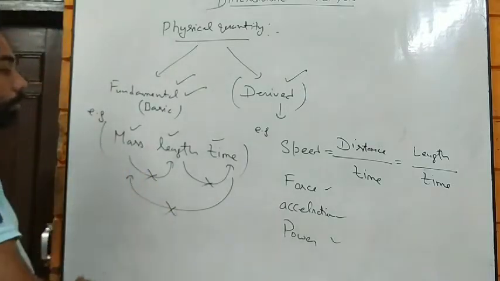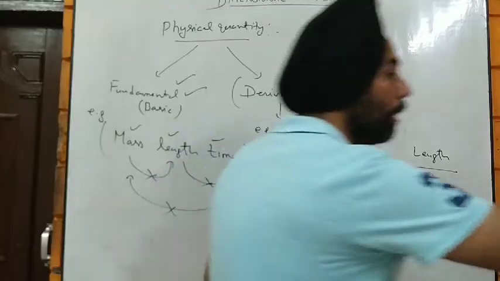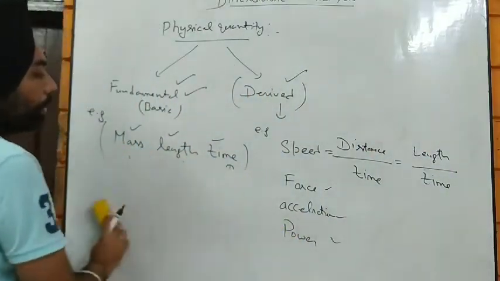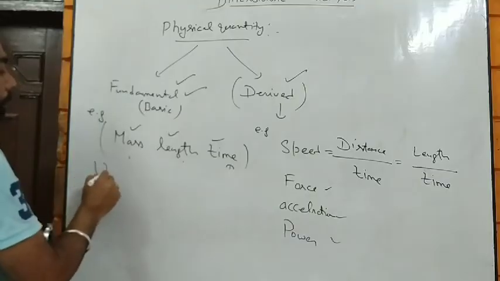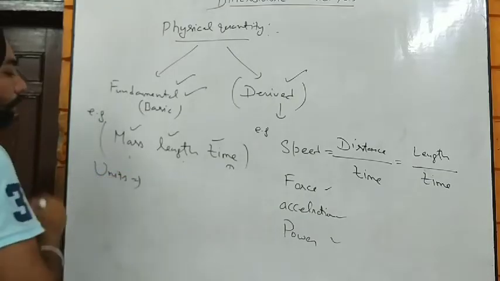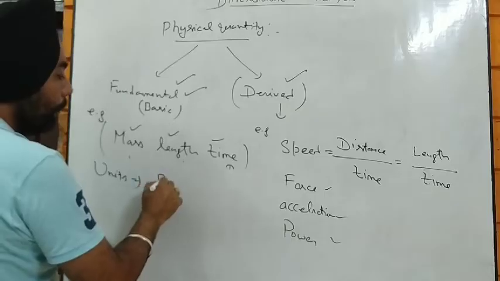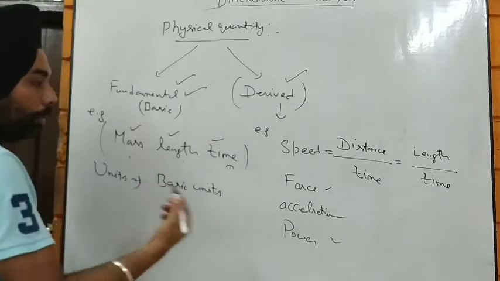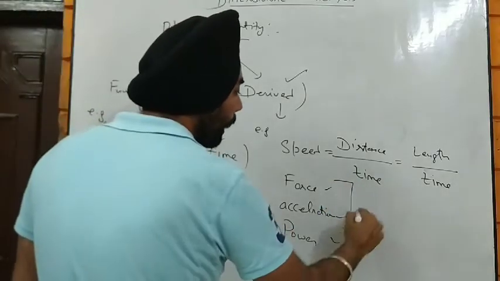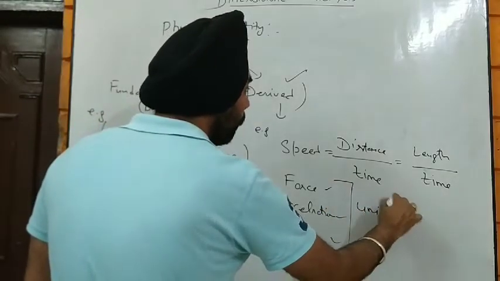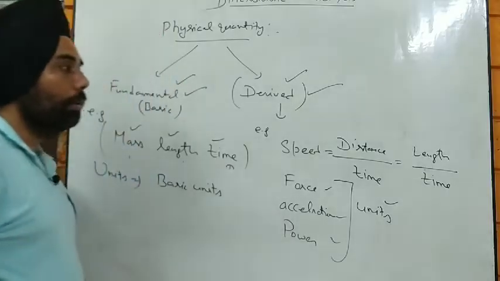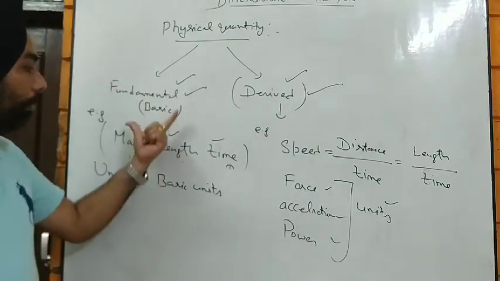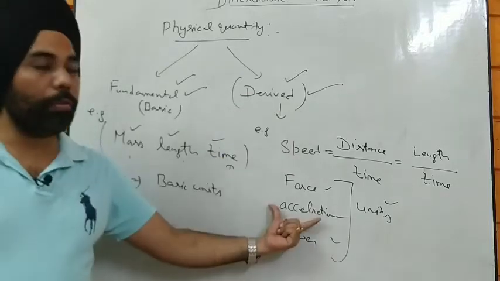The units of basic quantities are known as fundamental units or basic units. And similarly, the units of derived quantities are known as derived units. So that is the simple concept of fundamental and derived physical quantities, and fundamental units and derived units.